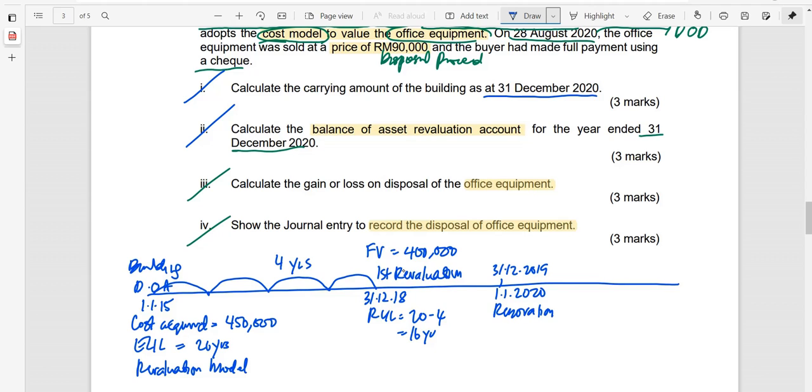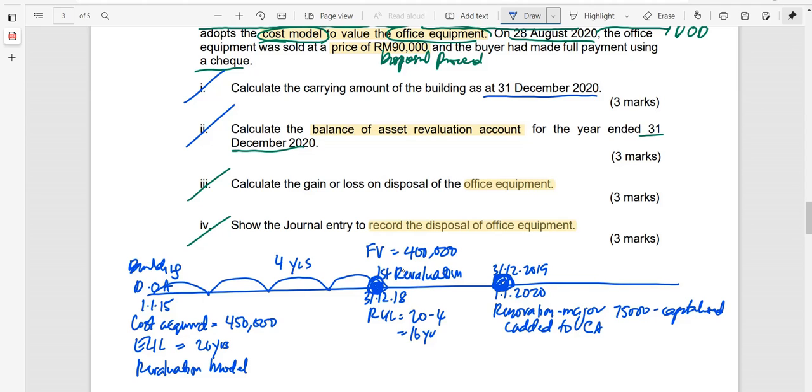And that renovation was a major renovation, and that cost 75,000. And this will be capitalized. It will be added to the carrying amount. Bear in mind that there was a revaluation that took place here, and there are other changes to the asset here where you have some major renovation.